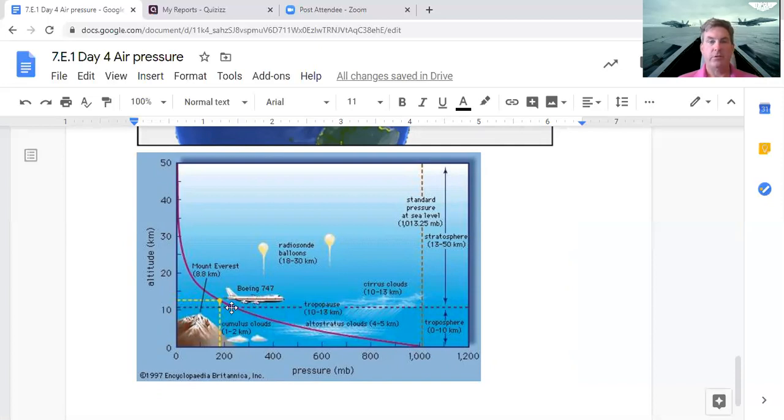That's not much. Get up to where that Boeing 747 is flying above in the stratosphere, it's below 200 millibars. And that curve starts steepening as you get up to 20 kilometers, where you're down to less than 100 millibars. It gets to the point where it's really sparse up here.